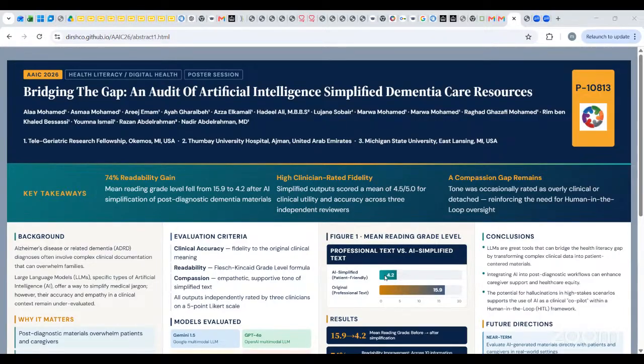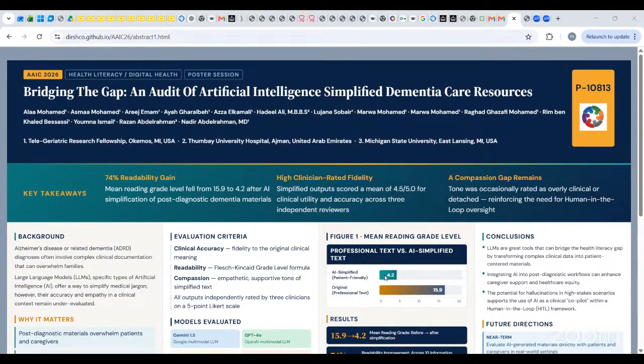Our aim from this project is to assess whether AI tools can make dementia information easier for patients and their caregivers to understand. We evaluated three large language models, which are GPT-4o, Gemini 1.5, and DeepSeek 3.2.